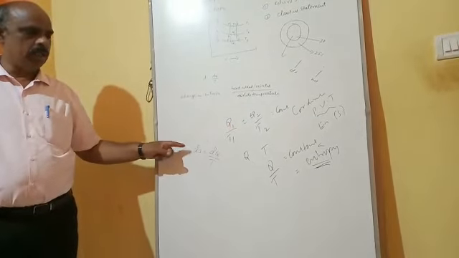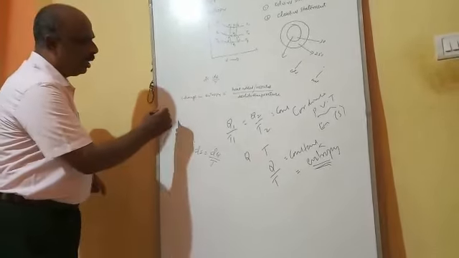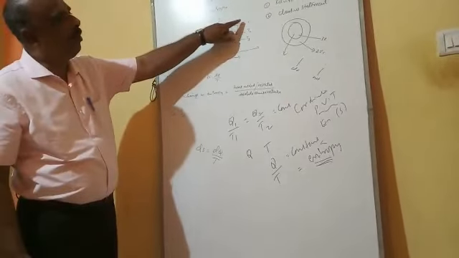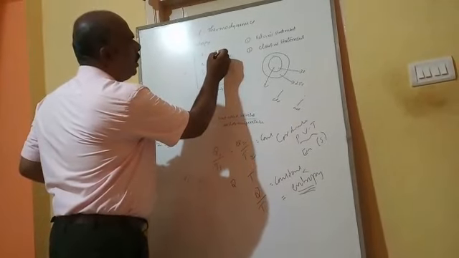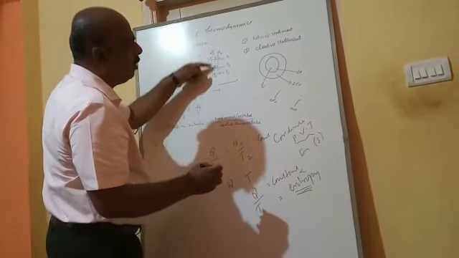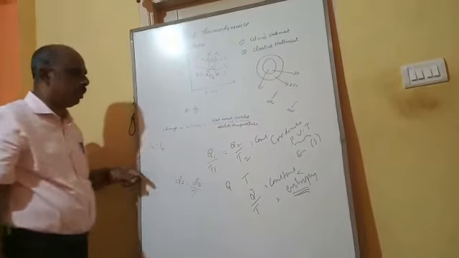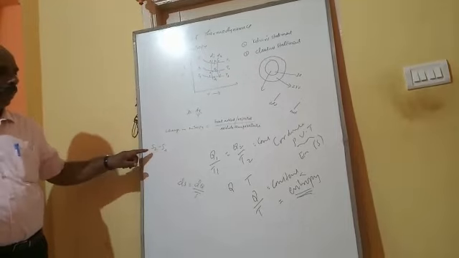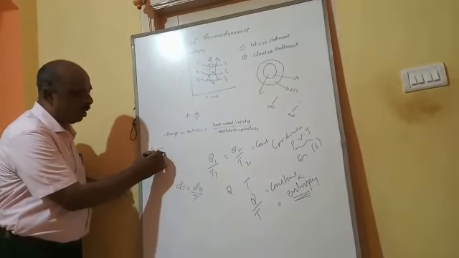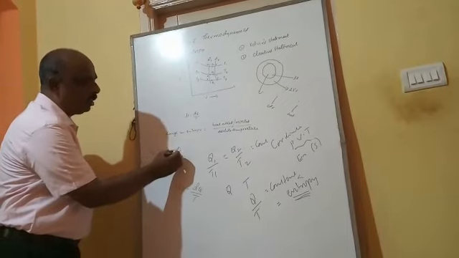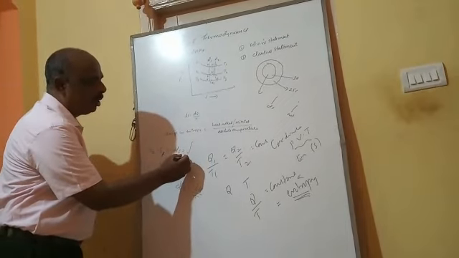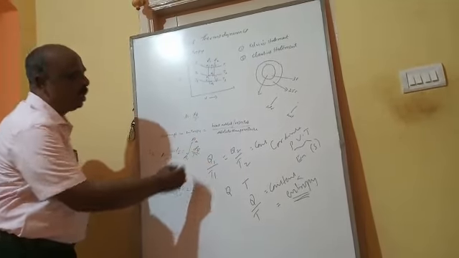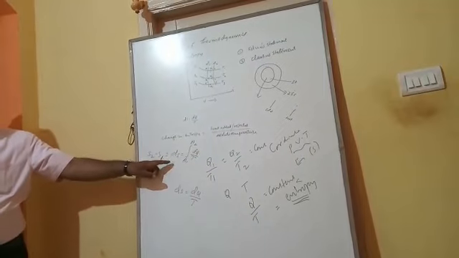Change in entropy you can easily represent if there are two adiabatics like A1 and A2, which cut the isothermals at different positions. It will be represented in terms of change in entropy: S2 minus S1 is equal to the integral of dS, going from A1 to A2, is equal to dQ divided by T. So this equation plays an important role.